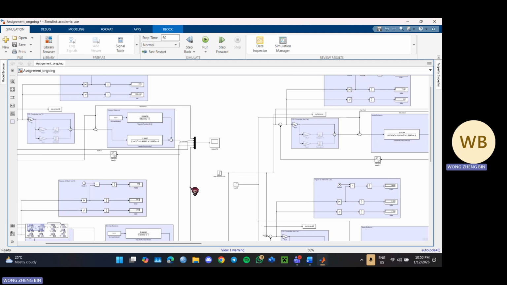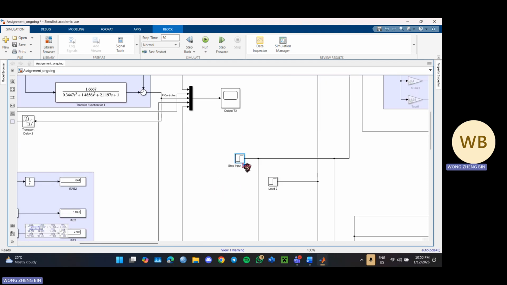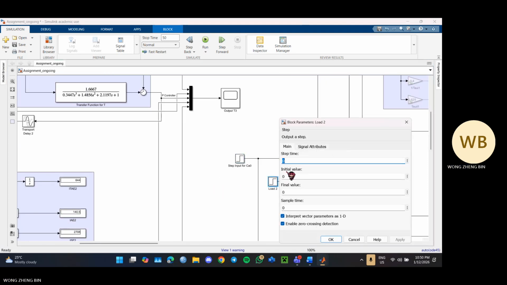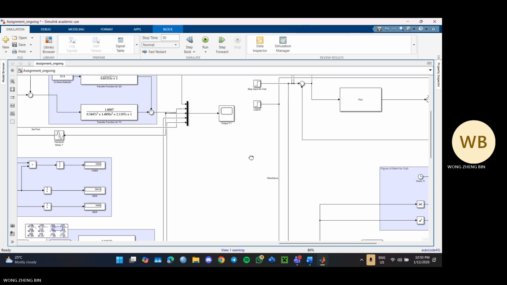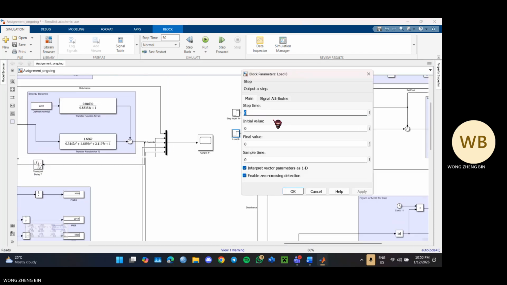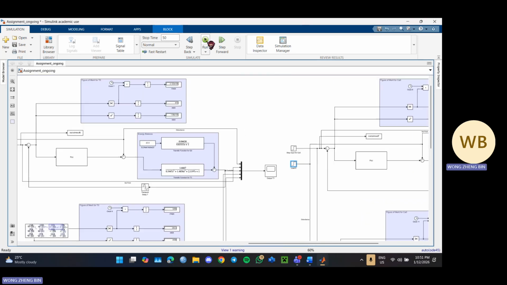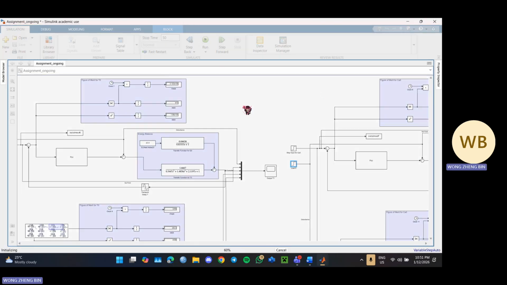And for the concentration part, the step time is the same, it's 25, but the final value is 0.5. And then we run the simulation at the same stop time.